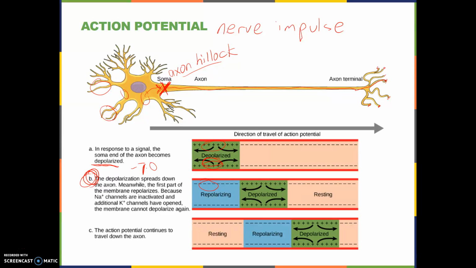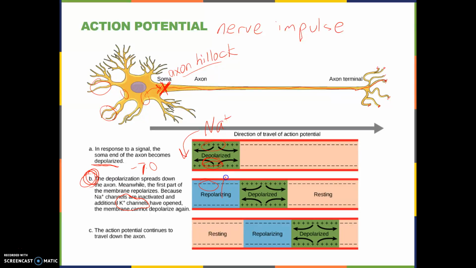Sodium can't come into the plasma membrane anymore. What was causing the depolarization was sodium ions moving into the plasma membrane. And what's going to cause repolarization is inactivating the sodium channels, so sodium can no longer come in, and then the opening of potassium channels, because potassium goes in the opposite direction.